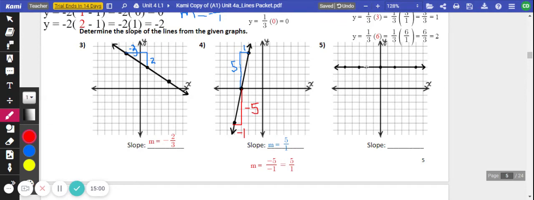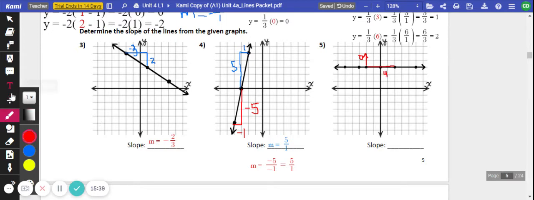On this next one, I can't really draw a triangle here. I can't go up any because then I won't be reaching my line. So I'm just going to go ahead and represent that with an arrow that says 0. I went up 0. And then I can go to the right as between any 2 points that I want, and I can go 1, 2, 3, 4 spots to the right.